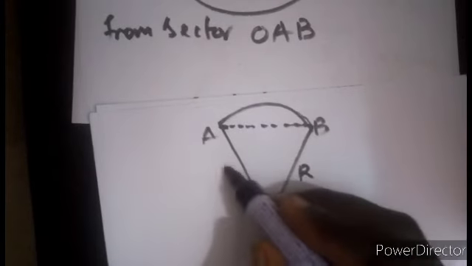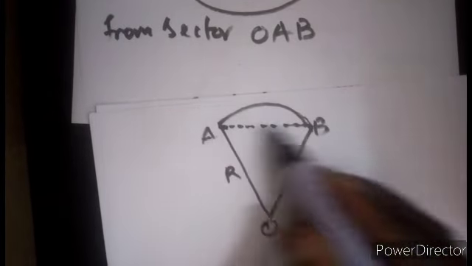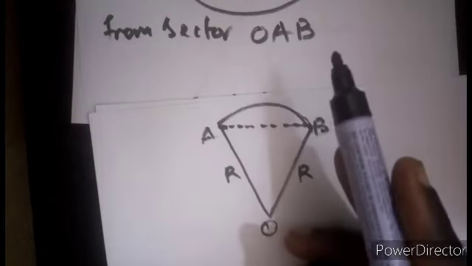Of course, the radius of the earth. Now, clearly, we know already what is AB. AB is still what we obtained earlier on.